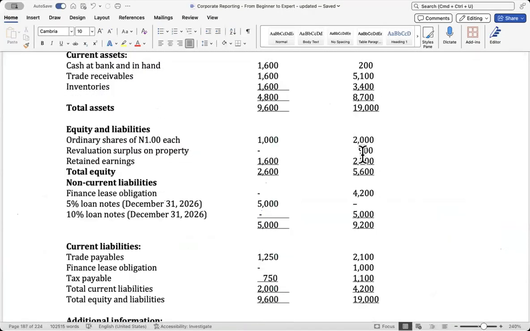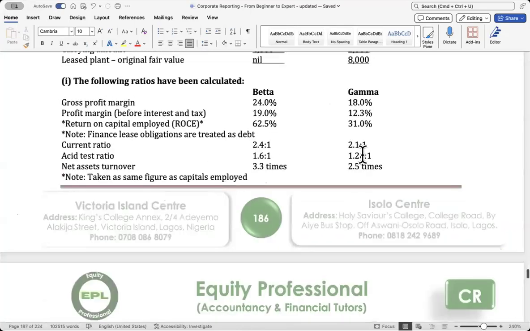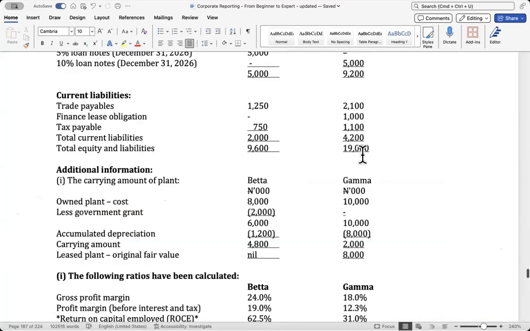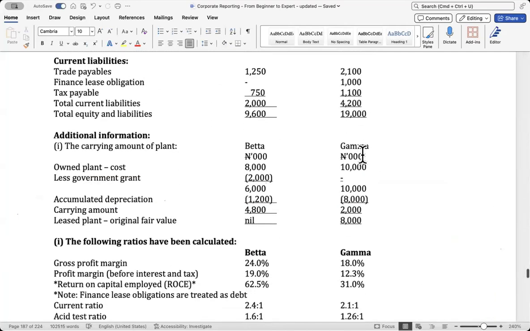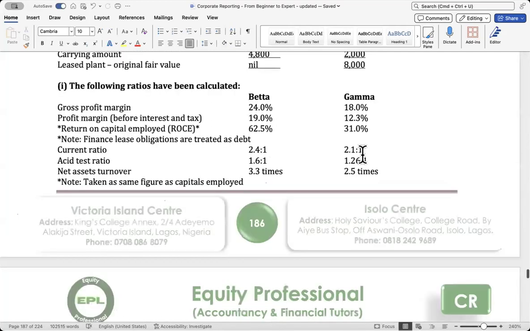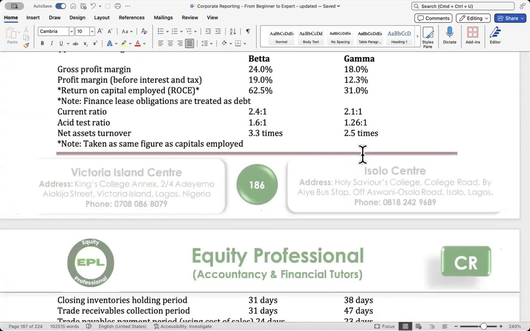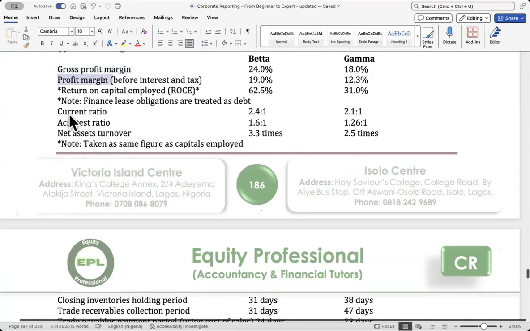Okay, so having mentioned that, I can then move to the ratios. Within the 20-something minutes you have, you must touch on almost all of them.